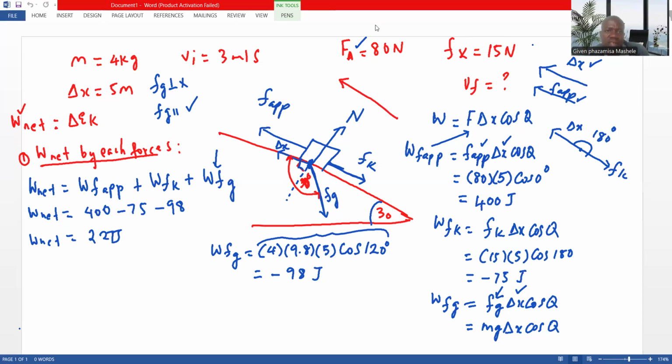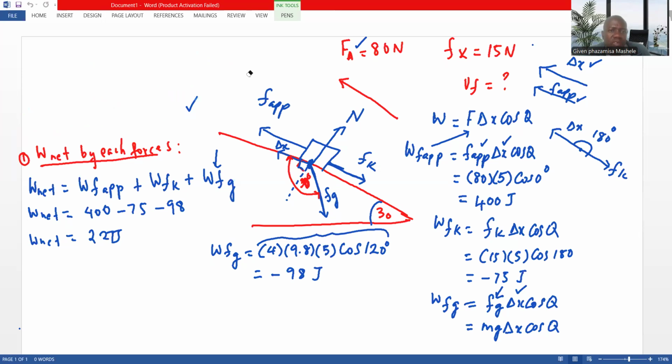And to do that, let me try to erase some things here. Since we know that the work net on an object is equal to the change in kinetic energy, we can now work it like this. Okay guys, apologies.